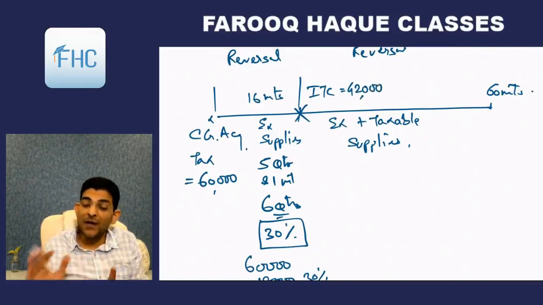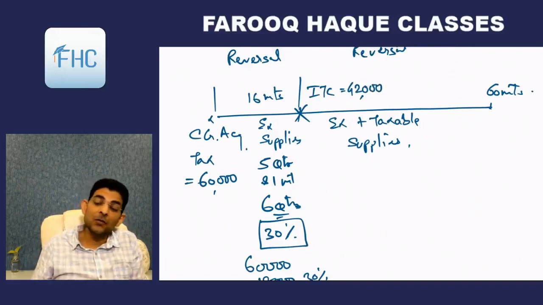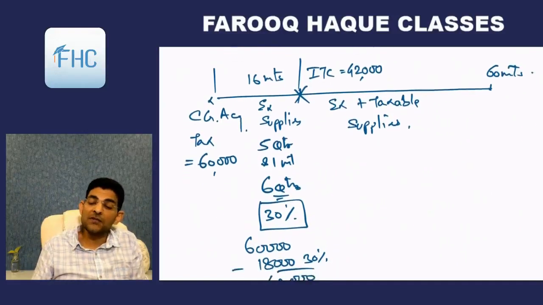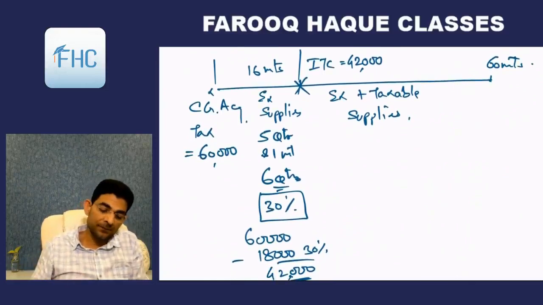Okay, then see how many months remain. So how many months remain now? 16 months have gone out of 60. 60 minus 16 will give me 44. So 42,000 will be divided over 44 months, means 954 per month.